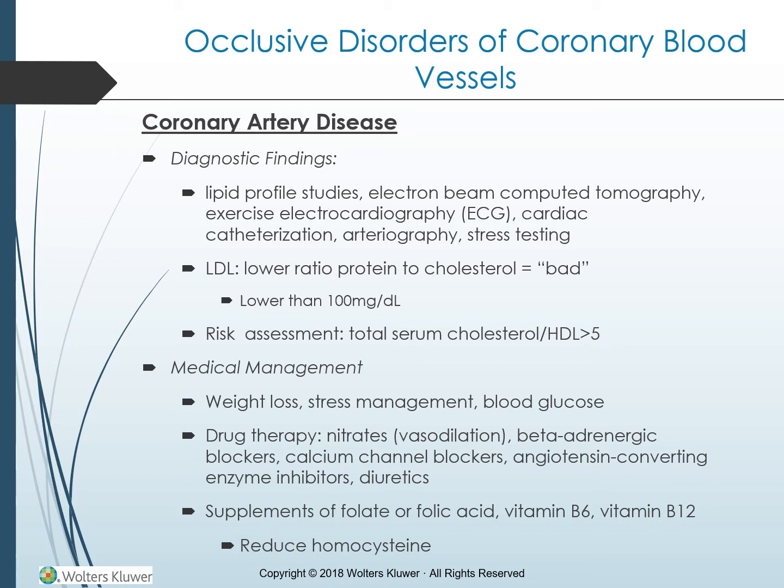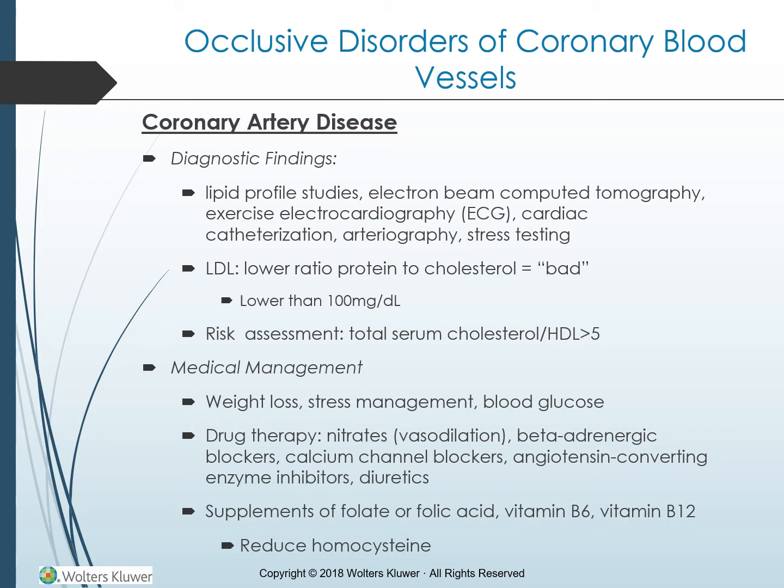So your values for total cholesterol, desirable value is less than 200 mgs per dl. Low density lipoproteins, LDLs, optimal is less than 100 mgs per dl. High density HDLs, less than 40 mgs per dl.